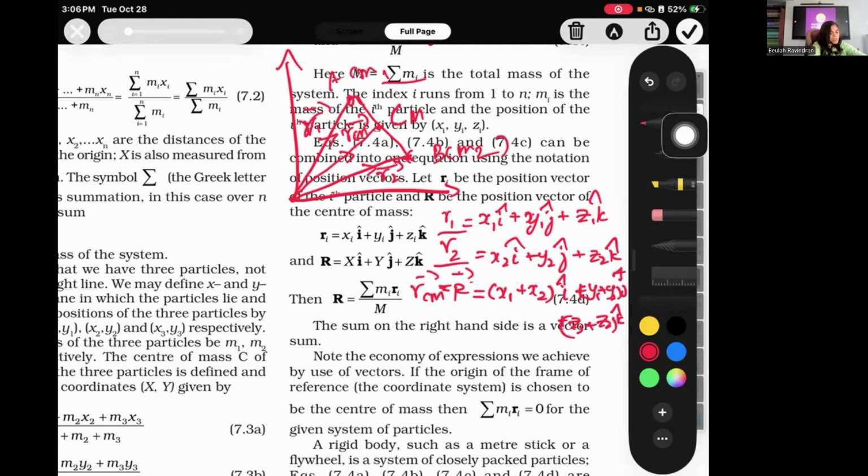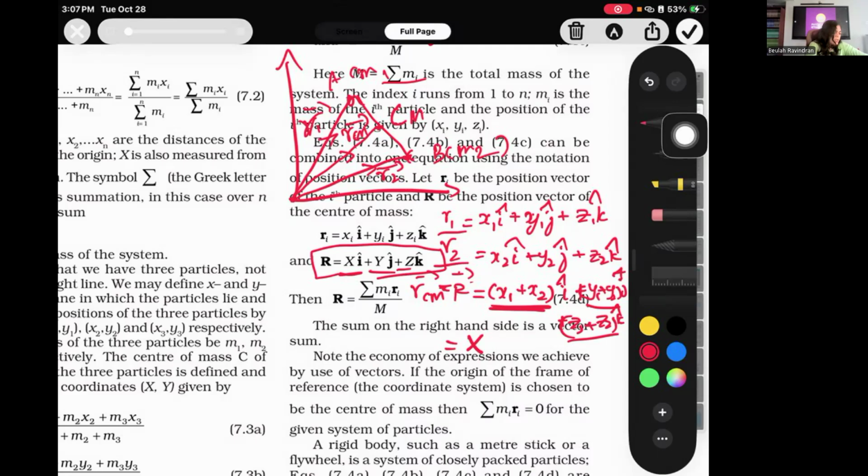plus (z1 plus z2) k cap. So like this, you will be taking, what is this x1 plus x2? That is taken as capital X i here. Then y1 plus y2 is capital Y j. Then z1 plus z2 is capital Z k cap. Okay. So we can take this as the position vector of the center of mass. So likewise, you can explain in terms of vector form also.